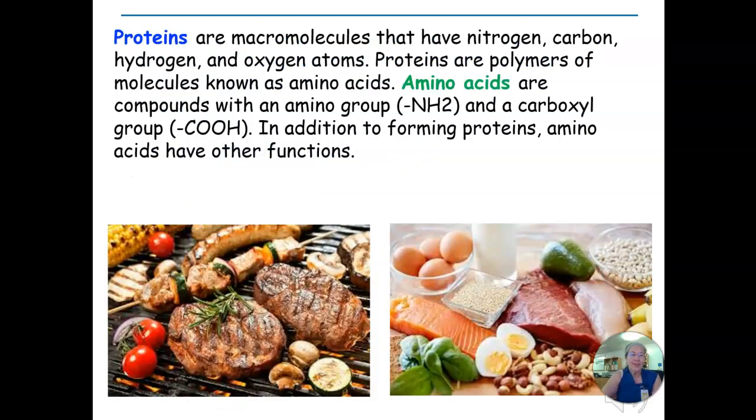Now on to proteins. The monomer of proteins are amino acids, and you can't get everything you need from being one type of consumer. So if you're a vegetarian, you need to supplement your diet.